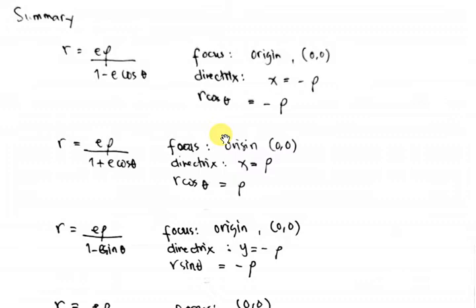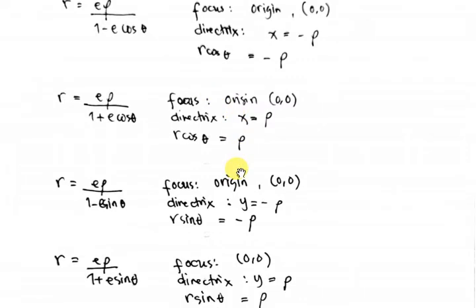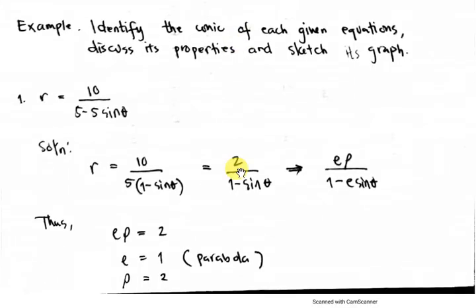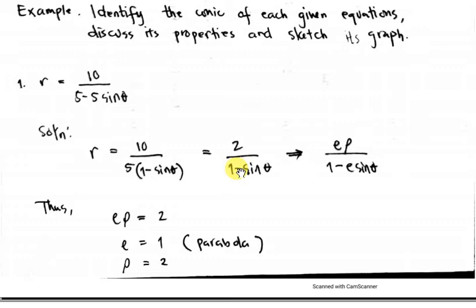Okay, we'll move to some illustration. Identify the conics of each given equation and discuss its properties and sketch the graph. Number one, r equals 10 over 5 minus 5 sine theta.